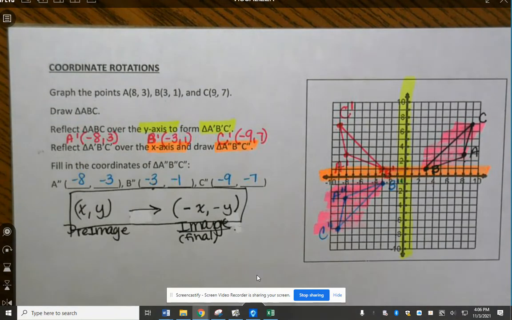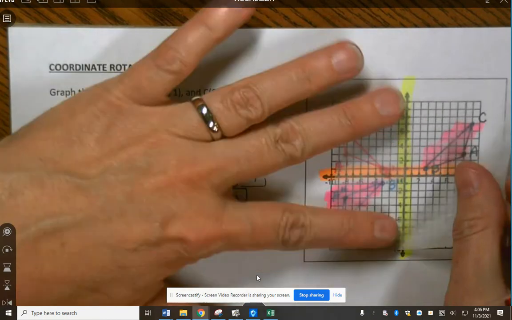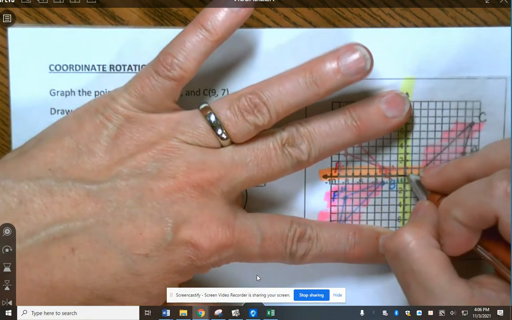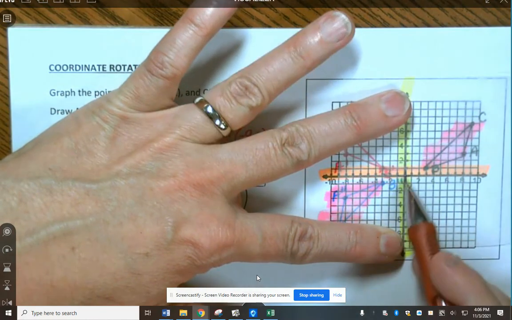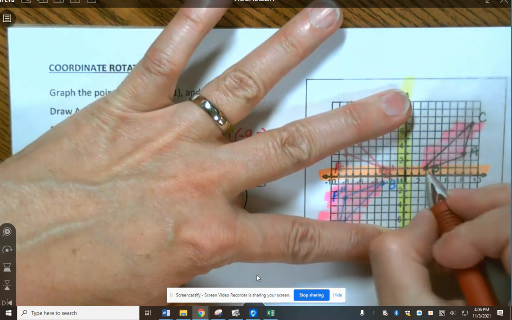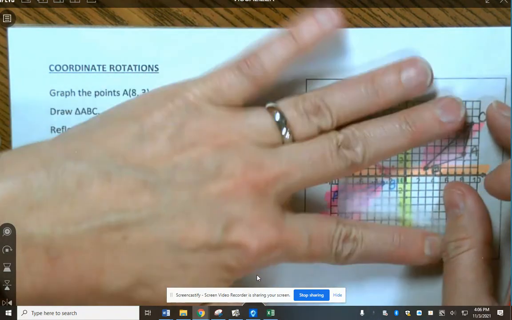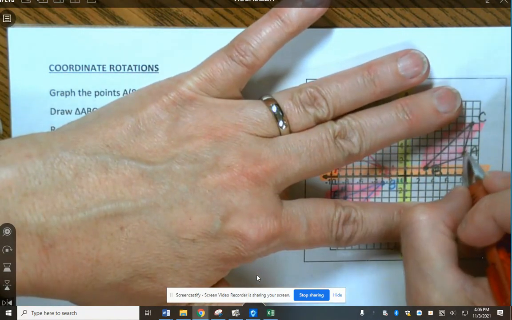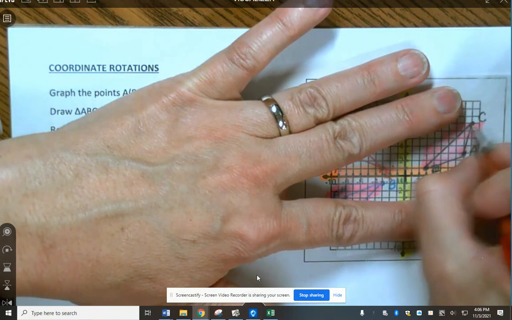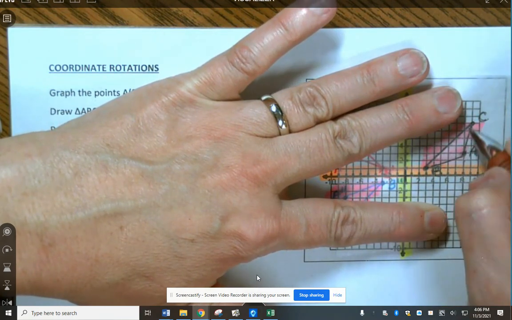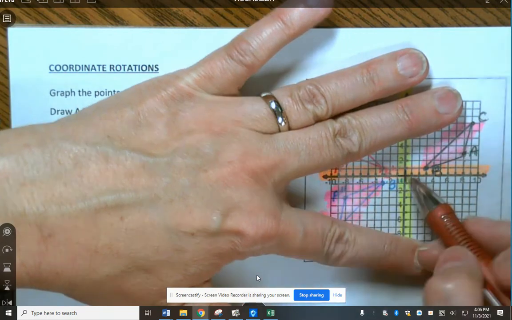So next week when I come back, we're going to start using patty paper, just little pieces of tracing paper. I'm tracing where the x and y axis intersect. And right now I'm going to trace those points, the original from my pre-image, and then draw in that triangle lightly.